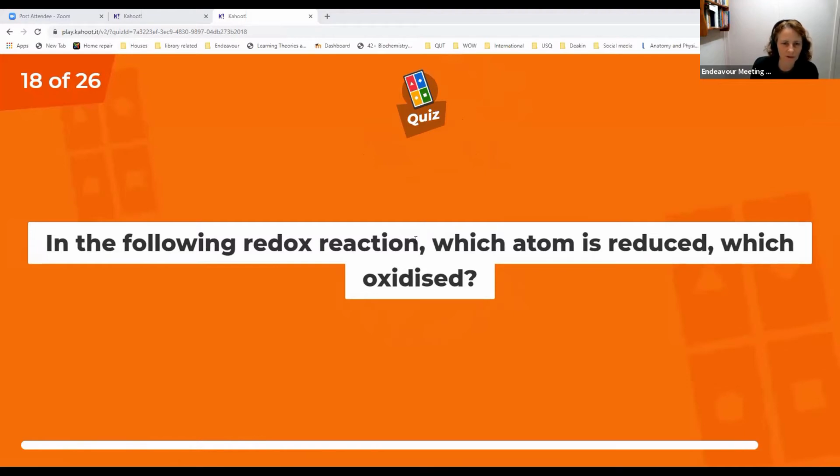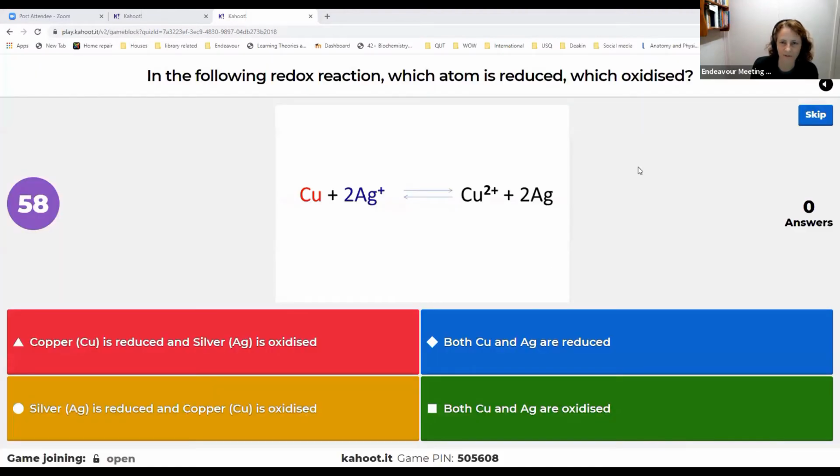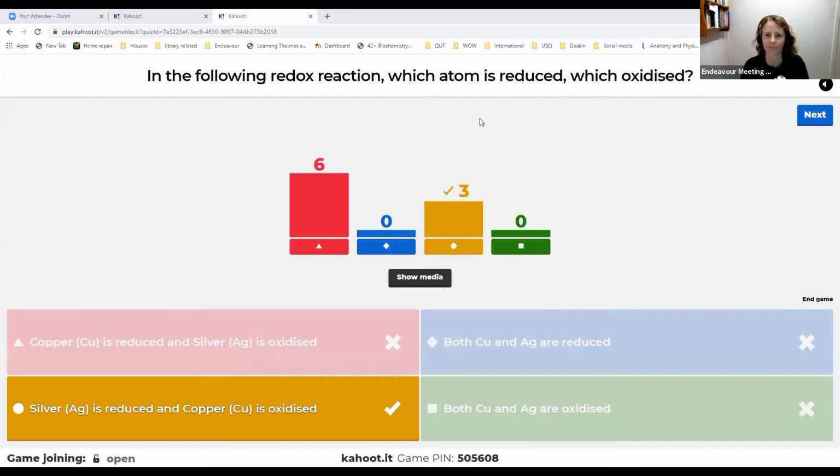So in the following redox reaction, which atom is reduced and which is oxidized? Okay, so 6 of you said that copper is reduced and silver is oxidized.